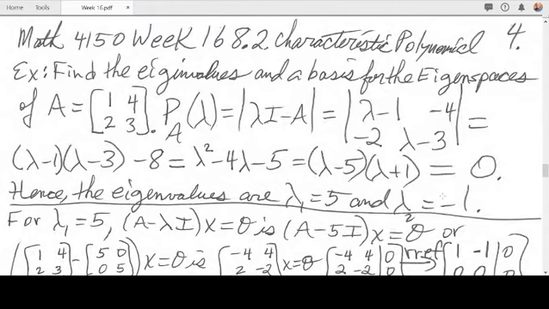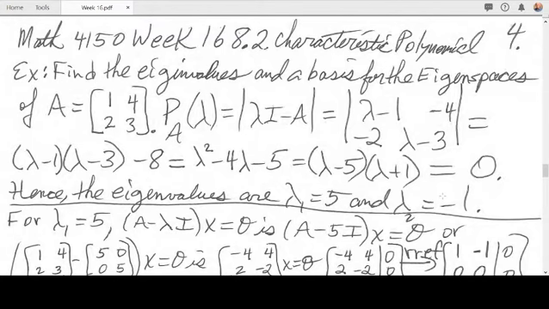We find the characteristic polynomial P sub A by the determinant of lambda I minus A, or if you wanted to, you could also do determinant of A minus lambda I. So we get the determinant of what you see here. And remember, the determinant of a 2 by 2 matrix is the product of the main diagonal entries minus the product of the off diagonal entries.